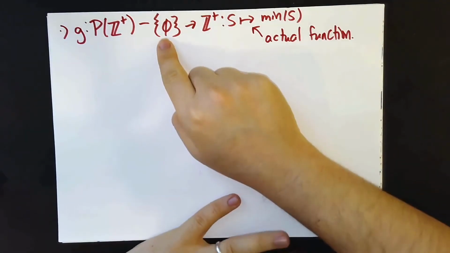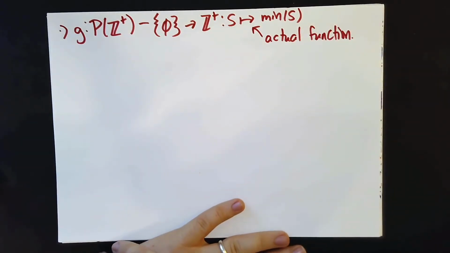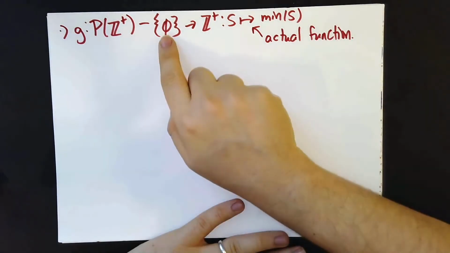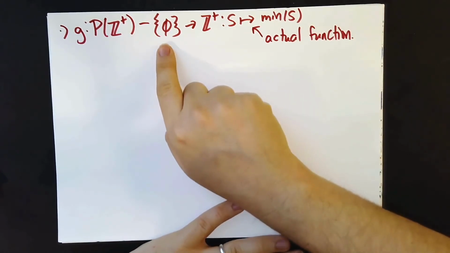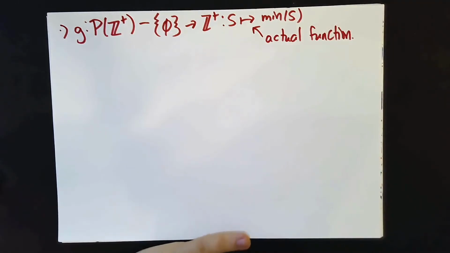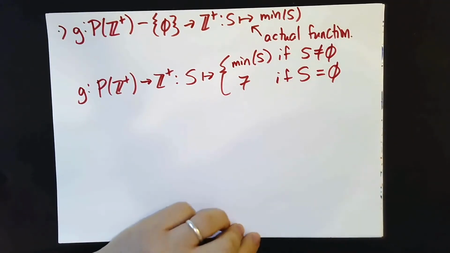So what are other options? Well, other options involve deciding what you actually think this function should be on the empty set. So you might, for example, decide that when you input the empty set to this function, you're going to give out 7. And so you might write something like this.